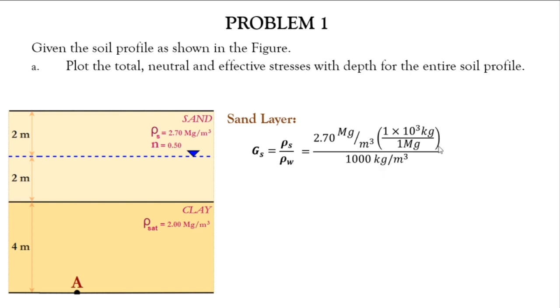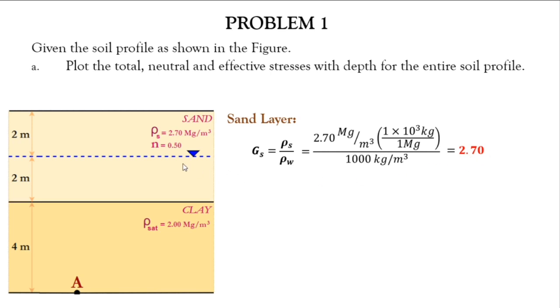So ang matitirang unit na lang natin dito is actually wala na, since specific gravity of the soil solid is unitless. So, ang value ng GS natin is 2.70 para sa sand. Regardless kung nasa above the groundwater or below the groundwater table yan, as long as it is sand, the GS or the specific gravity of the soil solid is 2.7.